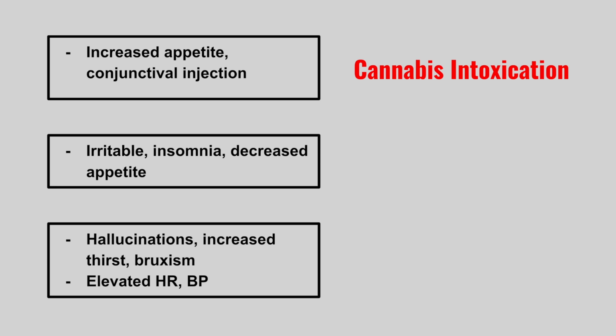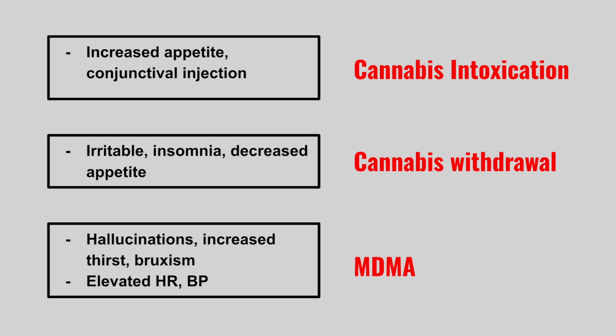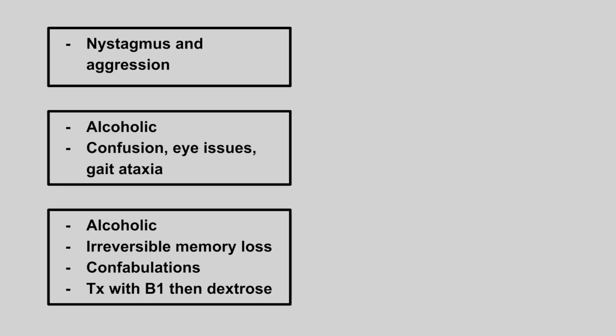Next, we have a patient who's irritable, has insomnia, and decreased appetite. This is cannabis withdrawal. Now we have a patient with hallucinations, increased thirst, bruxism, elevated heart rate, and blood pressure. This is MDMA use.